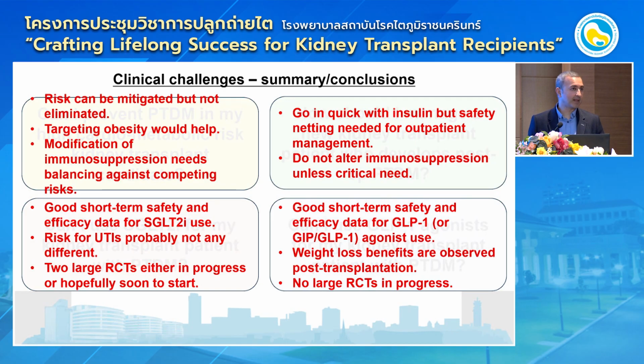And again, the information that we have available is that the GLP-1 receptor agonists, so the dual agonists, also have a very reasonable short-term safety and efficacy profile, and the weight loss benefits that we see in the general population probably translate to a kidney transplant population as well.